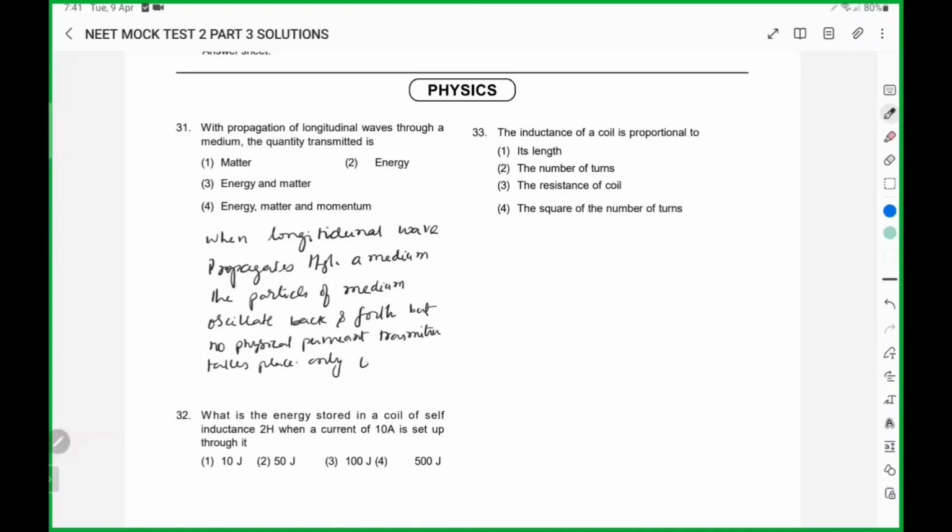Only energy transfer takes place in this process.